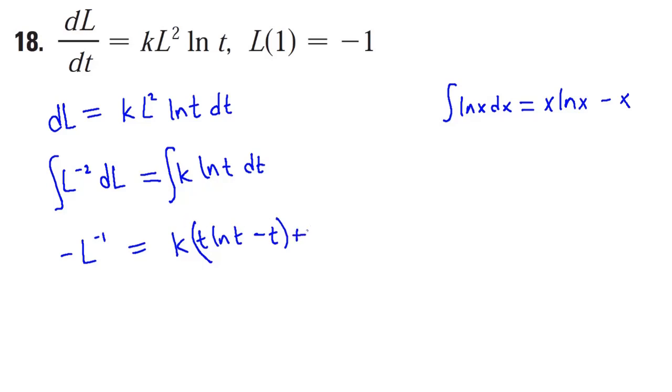You do need a constant of integration somewhere, but you don't have to do it on both sides like we mentioned before. We're trying to solve for L, so you want to keep in mind this is negative 1 over L. Again, we can multiply the negative on both sides. I'm going to go ahead and write this as 1 over L at that same step. I'm also multiplying by negative 1. When I do this, I'm going to get negative k times t natural log of t minus t plus c.